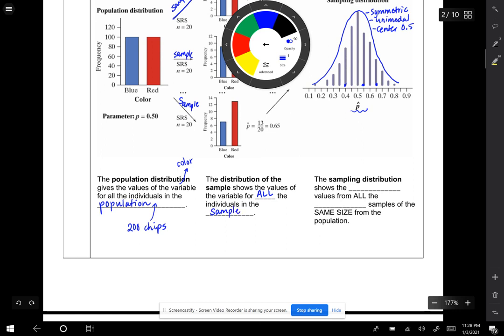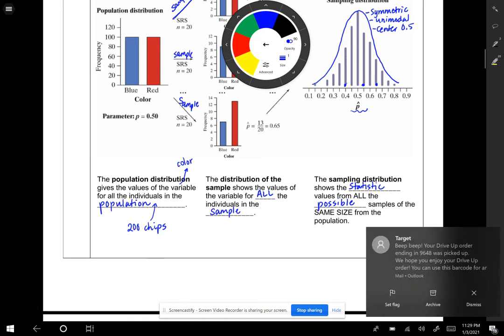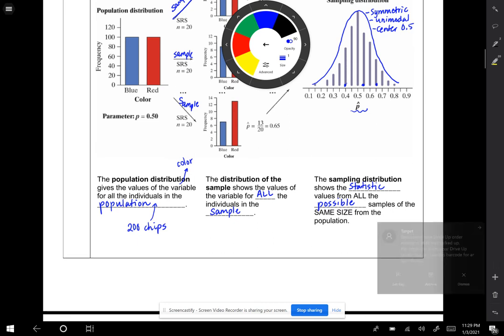And the sampling distribution, the one on the far right, shows the statistic values from all the possible samples of the same size from the population. So those are all samples of size 20 from the population. And our parameter in this case is the proportion of red chips in the population. So our parameter is 0.50. And those are our notes for 7.1a.